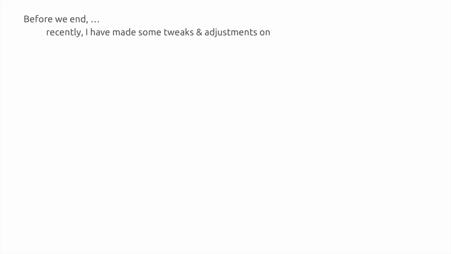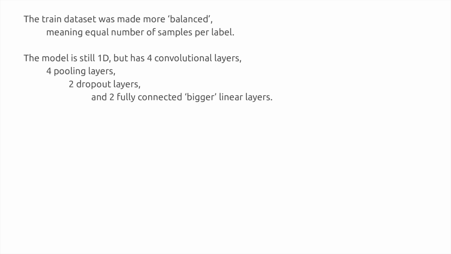Before we end, recently I have made some tweaks and adjustments on how the data was prepared and how the model was structured. The trained dataset was made more balanced, meaning equal number of samples per label. The model is still 1D but has 4 convolutional layers, 4 pooling layers, 2 dropout layers, and 2 fully connected bigger linear layers.